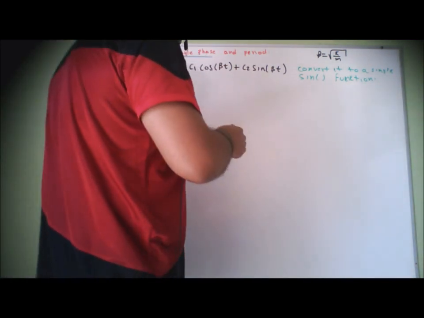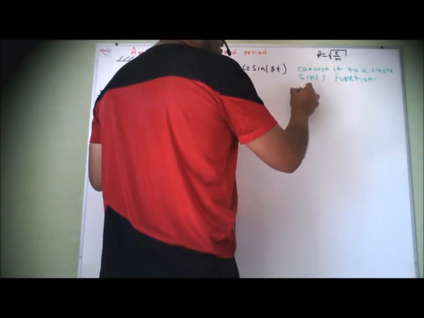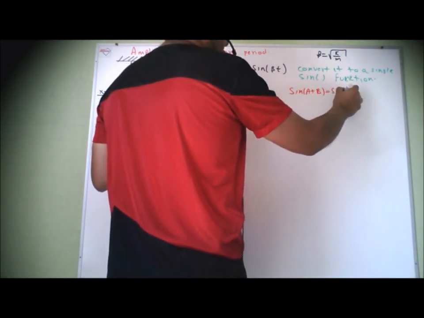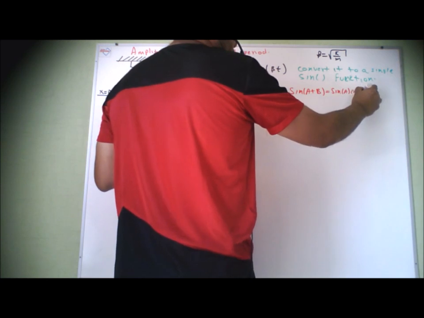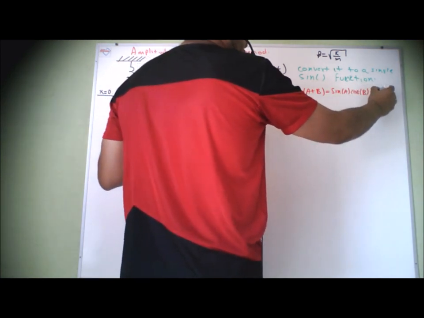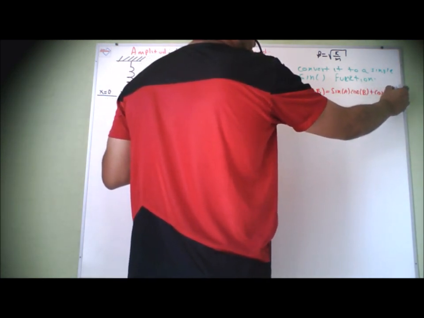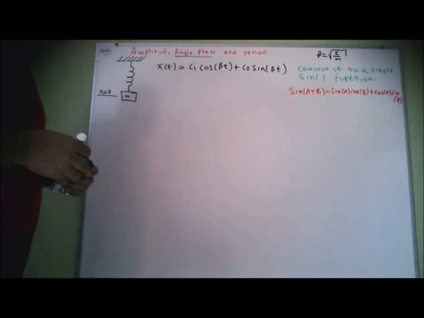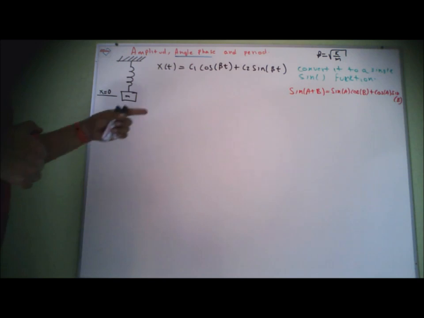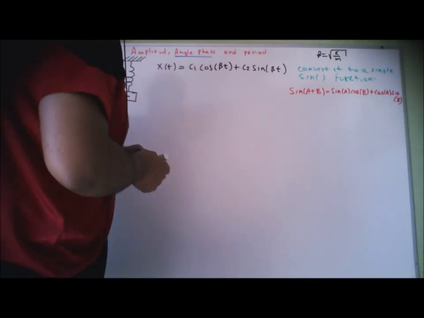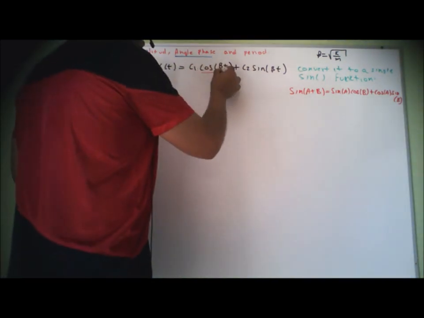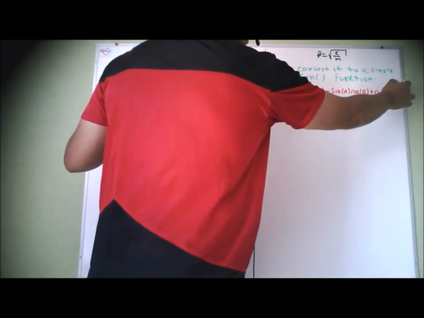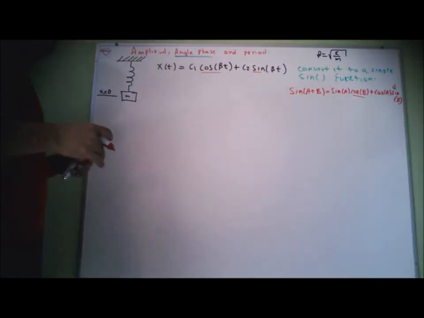I'm going to write here: the sine of A plus B is equal to the sine of A cosine of B plus the cosine of A sine of B. I'm going to use that formula here, because you have the cosine and the sine, and the formula has the sine and the cosine too, so it's very similar.